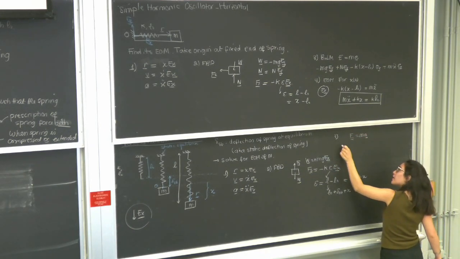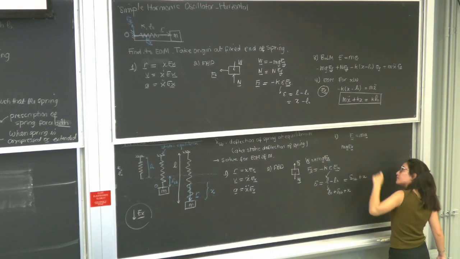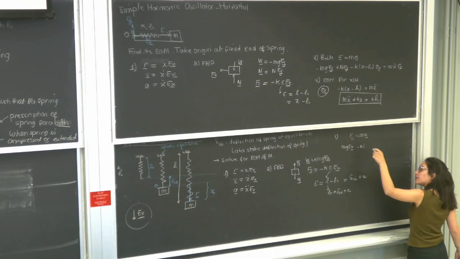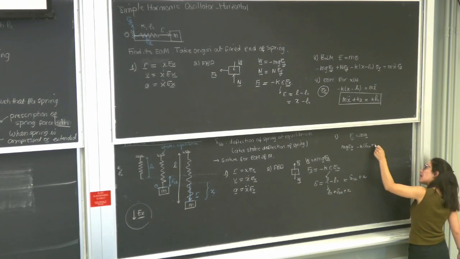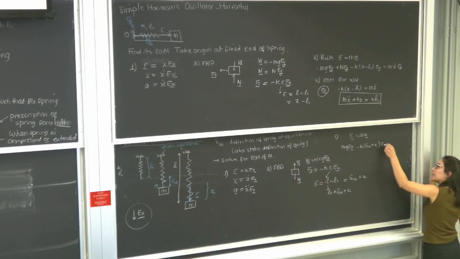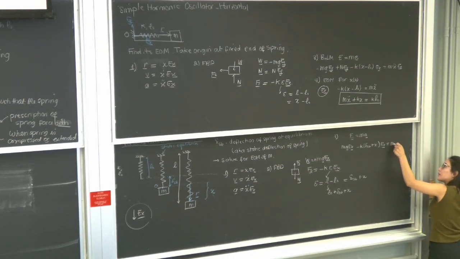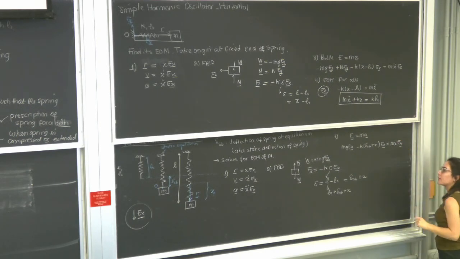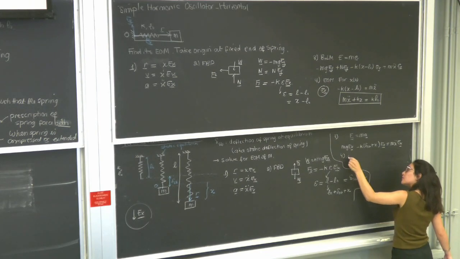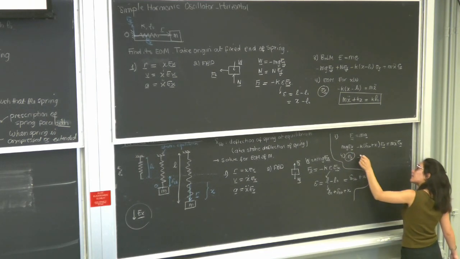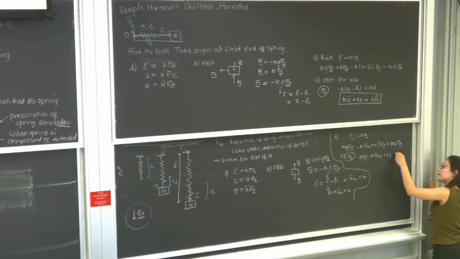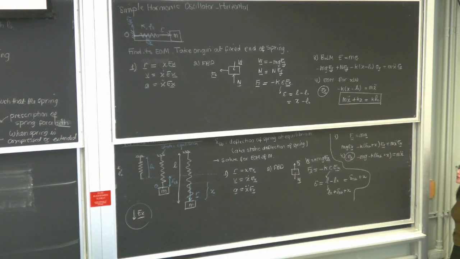I'll have mg Ex minus k (delta static plus X) Ex equal to m x double dot Ex. And I can project this along Ex to get minus mg minus k (the static deflection plus X) is equal to m x double dot.